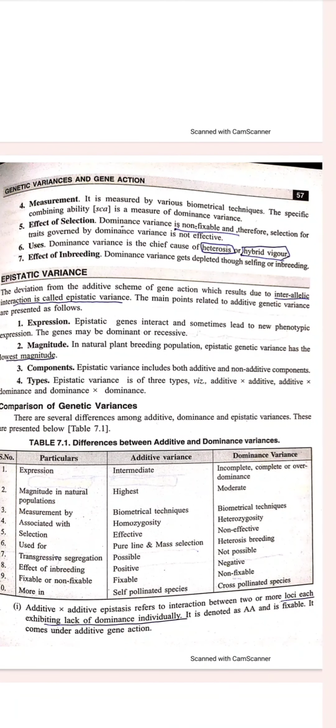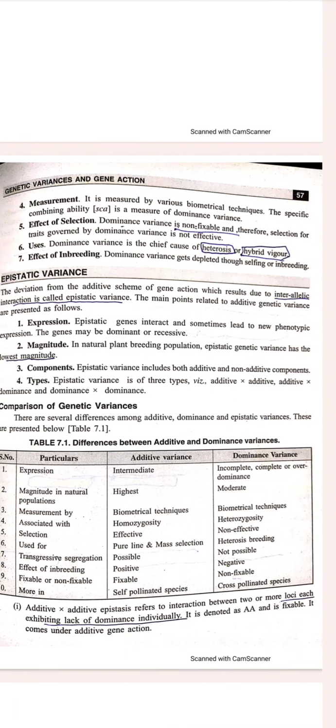Now effect of selection. Dominance variation is non-fixable, and therefore selection for a trait governed by dominance variance is not effective. As we have seen previously, additive genetic variance is fixable, but dominant genetic variance is non-fixable. They cannot be fixed.